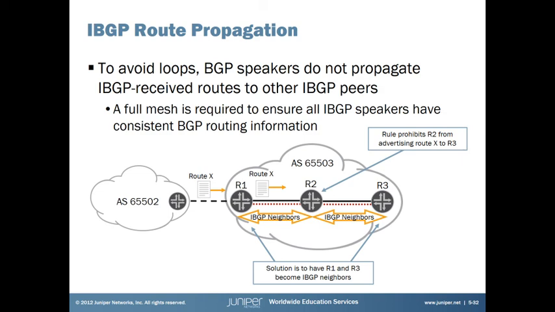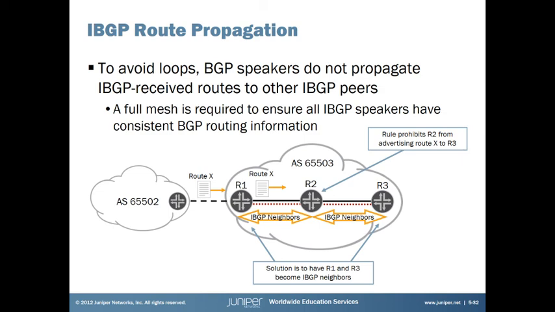So the iBGP routes are not re-advertised. Where you have an iBGP peer, routes received via that peering arrangement are not re-advertised to other iBGP neighbors. What does that mean? That means if R3 is going to be able to receive routes from R1, R3 must have a peering arrangement with R1.